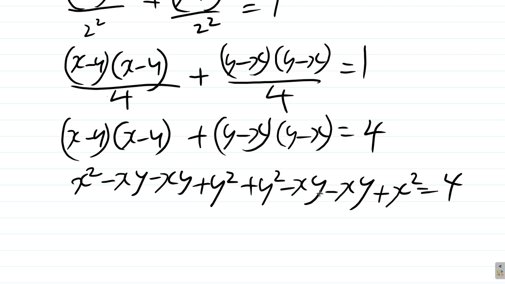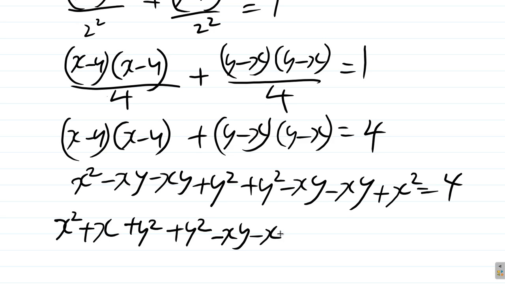So you put like terms together. You have x squared and you have another x squared, and you have plus y squared, and you have minus xy, or you have two more, minus xy, equals 4. Everything accounted for? Let's see.